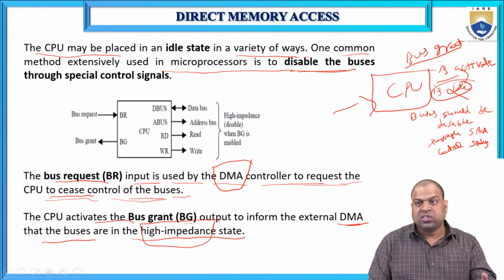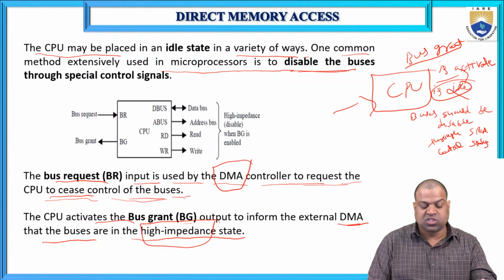So when the CPU is not in idle state, the CPU is activated, then bus grant. If the CPU is not activated, there are no buses. If the CPU activates the bus grant output, it informs the external DMA that the buses are in the high impedance state. Because the CPU is activated, the bus grant will be accepted, and then the high impedance state applies. If the DMA is not activated, then no buses should be passed and there is no high impedance state.